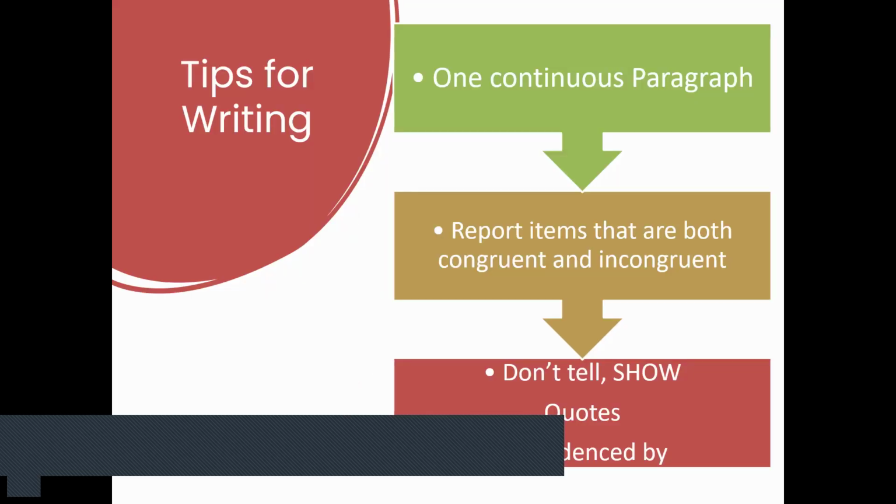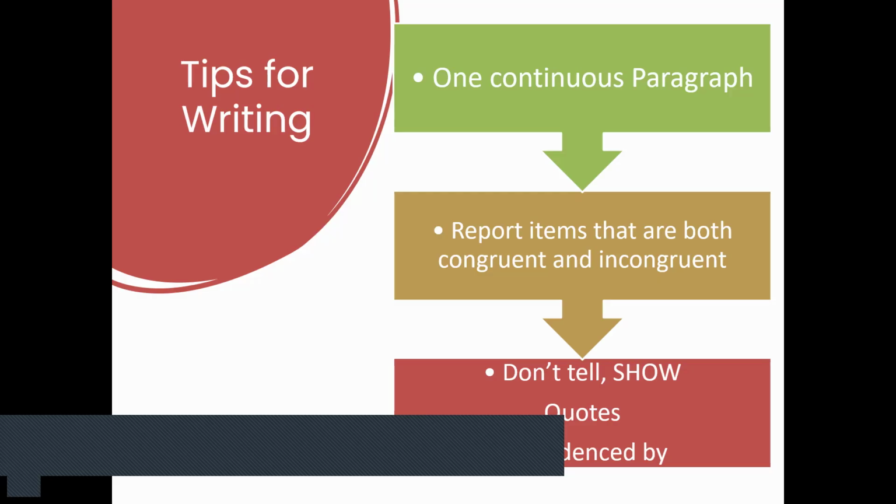Now for the writing part. Okay. So when we're writing the mental status exam, we always do it in one paragraph, not bullets. Okay, one continuous paragraph. It may be a little longer than normal, but you put everything together so all that information is there.